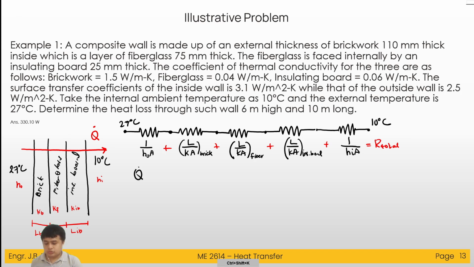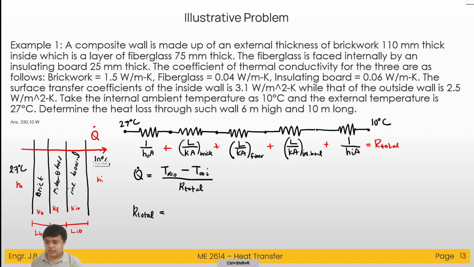And we can solve for Q, the heat transfer rate, which is equal to T infinity outside minus T infinity inside, over R total. So to solve for this, you first have to find the R total. Then we solve using this. To find R total, just substitute the values here.